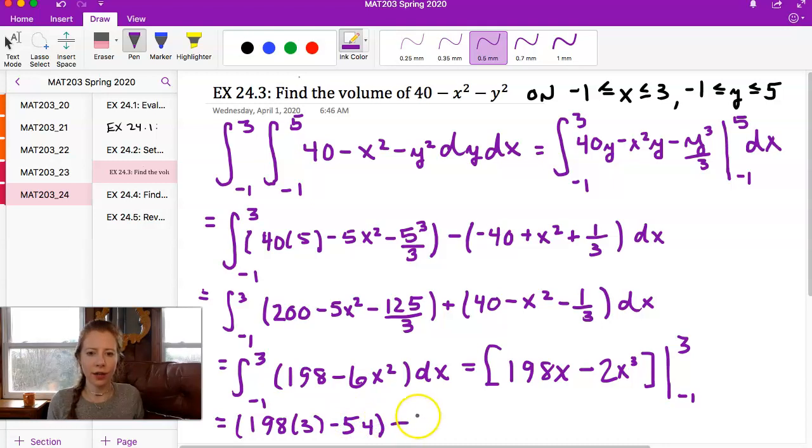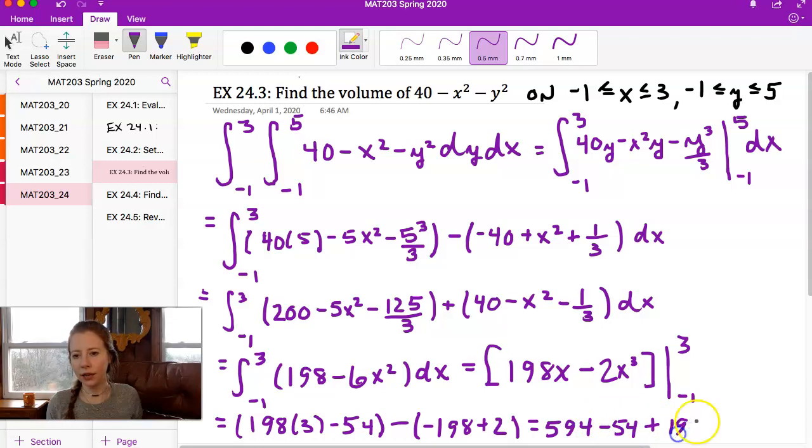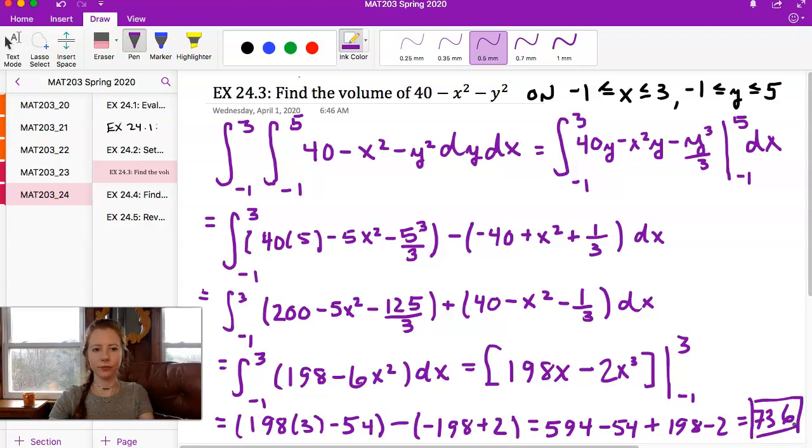Now we have to subtract off, plugging in our -1 for x, which is going to give us minus 198 plus 2, which is going to be 594 minus 54 plus 198 minus 2, which is going to give us 736. Okay, that's it with that one, and we have two more.